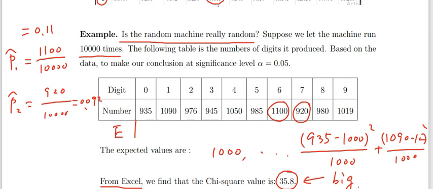So we can check whether 0.11 and 0.092 are quite the same or not. If these percentages are not the same, then we can say this landing machine is not landing, because these two digits are produced with different percentages, right?